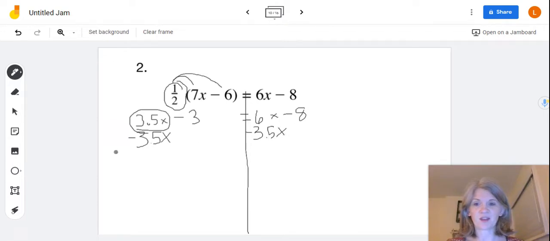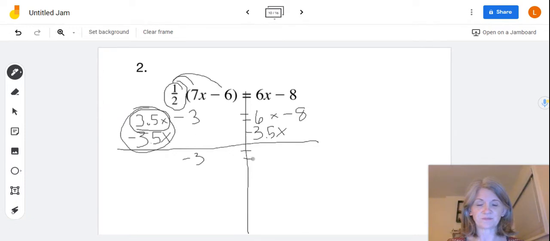And that step, okay, 3.5 minus 3.5 gives me 0. So that goes away. And I'm left with negative 3 equals 2.5x minus 8. Sorry if the writing is a little messy, but I'm trying to keep the video moving quickly.